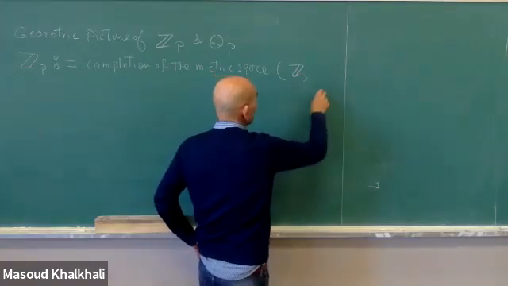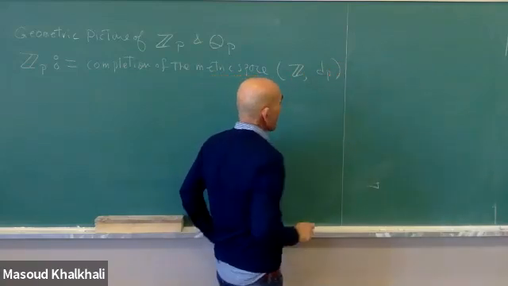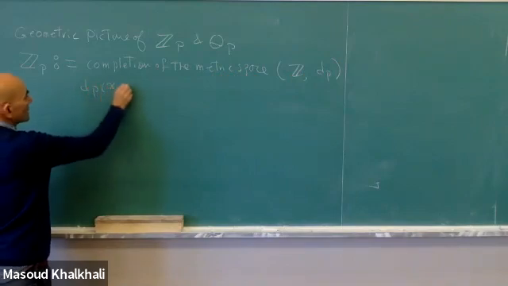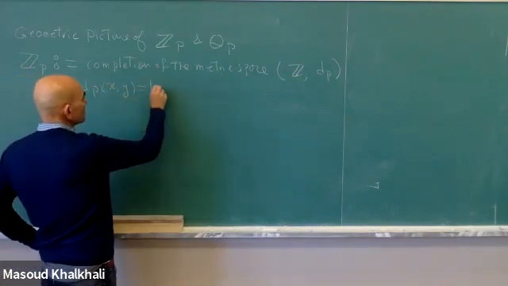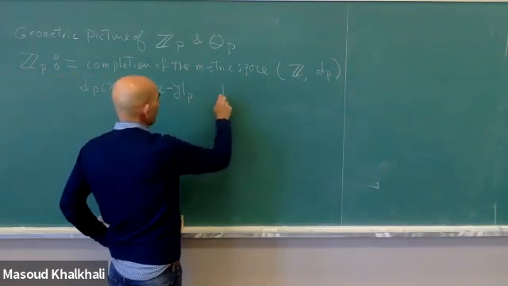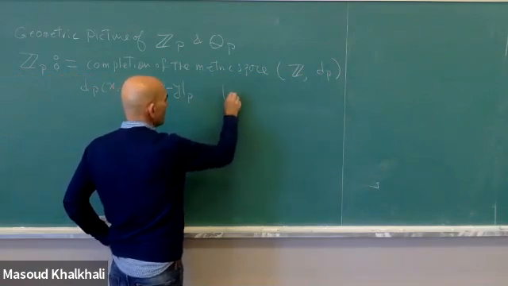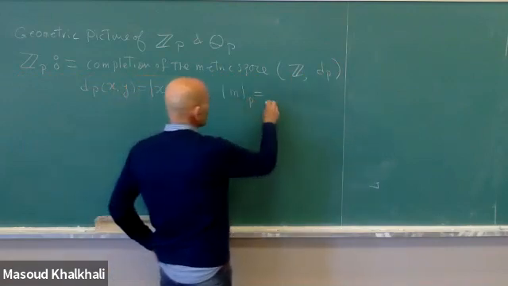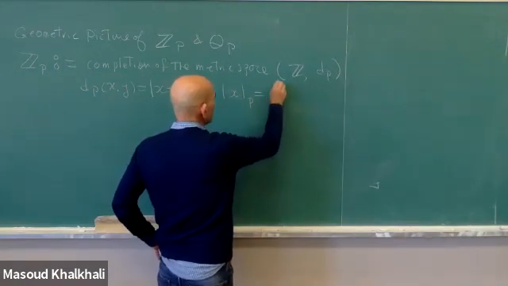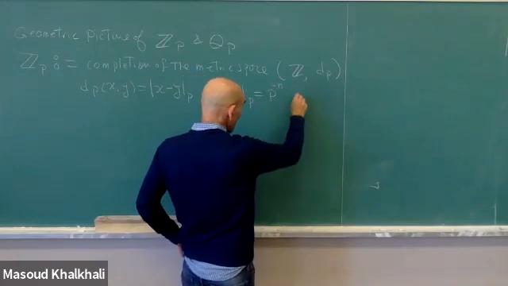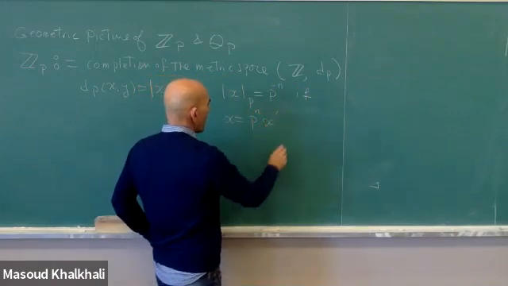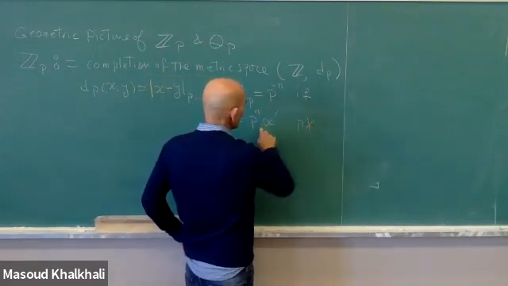Z and this distance d_p, where d_p of x and y is the periodic norm of x minus y, and the periodic norm of an integer n is defined like this: let x be equal to p to the n times x prime, where p does not divide x prime.